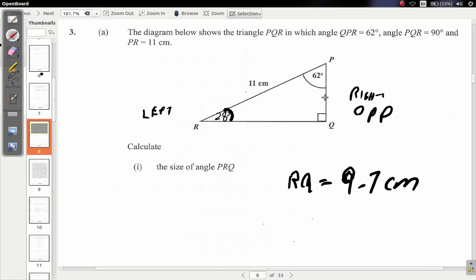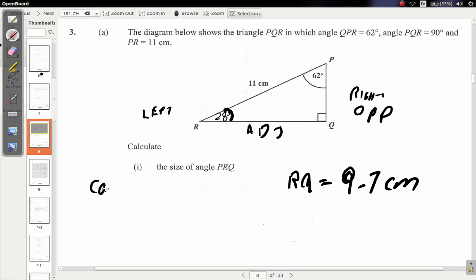But you're not interested in PQ, because they ask you to find RQ. So adjacent is like adjoining: it joins with the angle. It runs right along and brushes against the 28 degrees. So this is the adjacent.